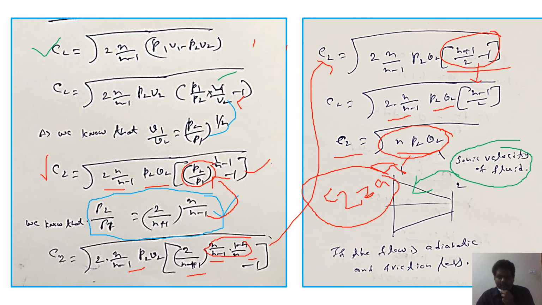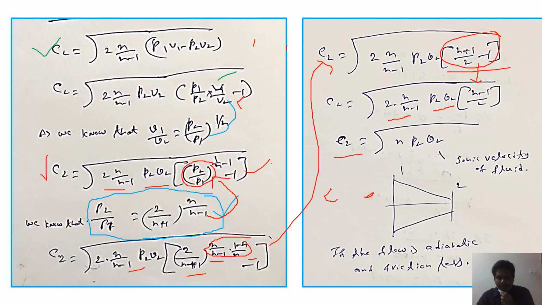Here, as you can see, in the convergent nozzle the area keeps on decreasing. Why it keeps on decreasing, we will discuss in the next slide.